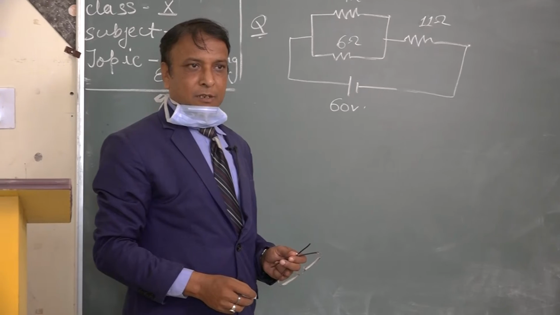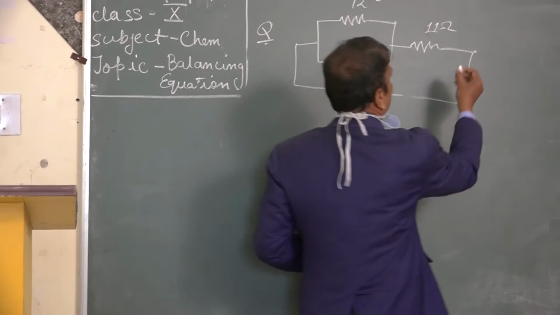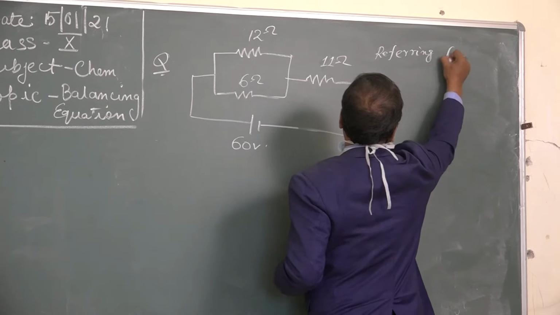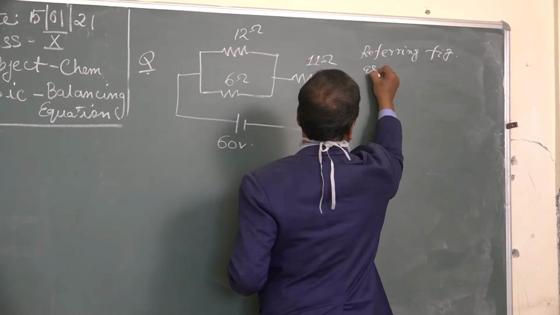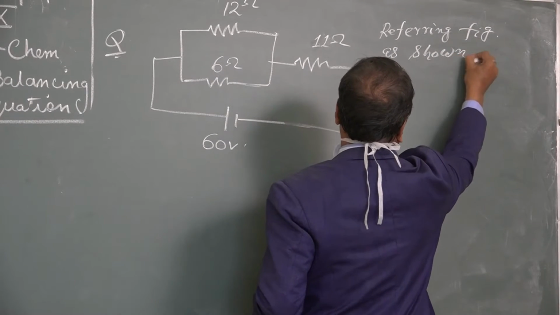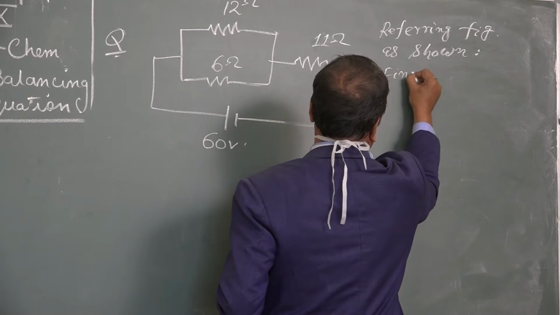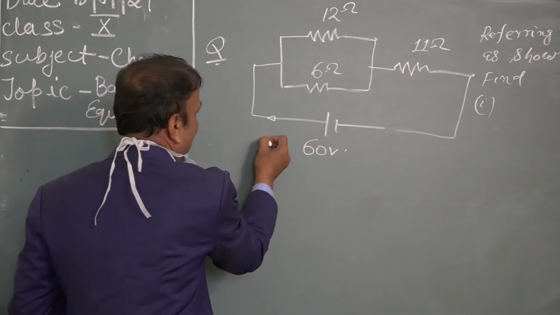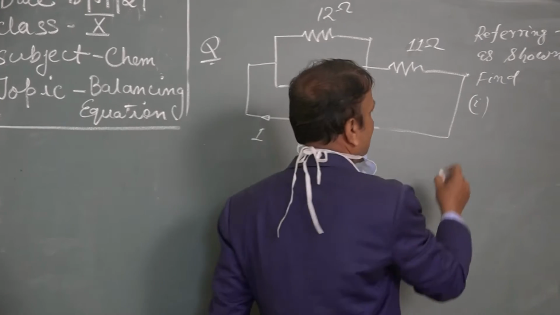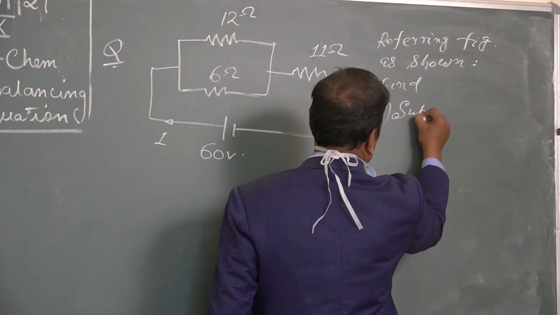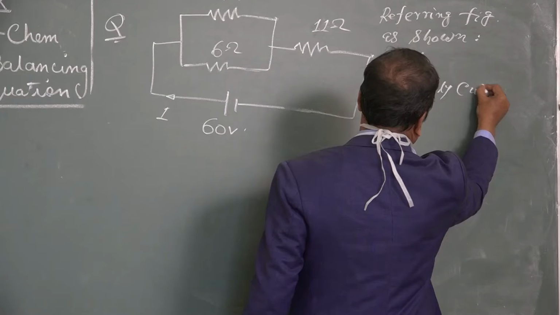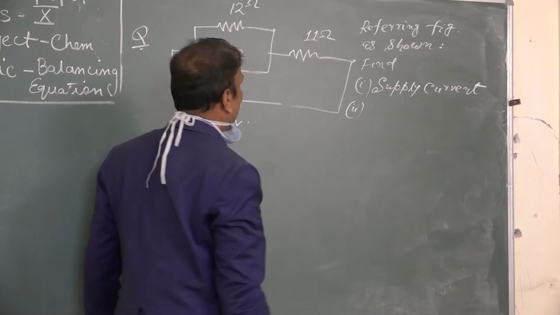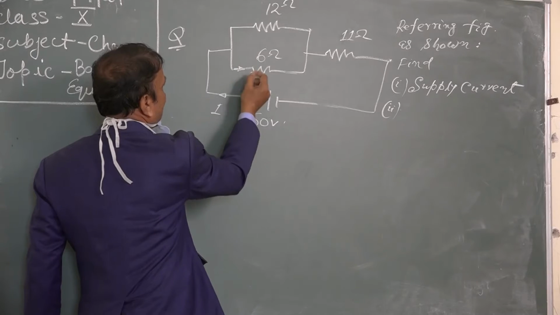This is a question. So, write down the question. Referring to the figure as shown, find the supply current. First bit, find the supply current. Second bit, I will ask you the current in the 6 ohm resistor.